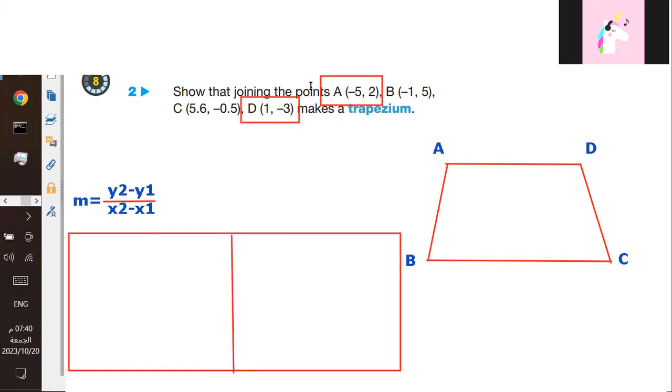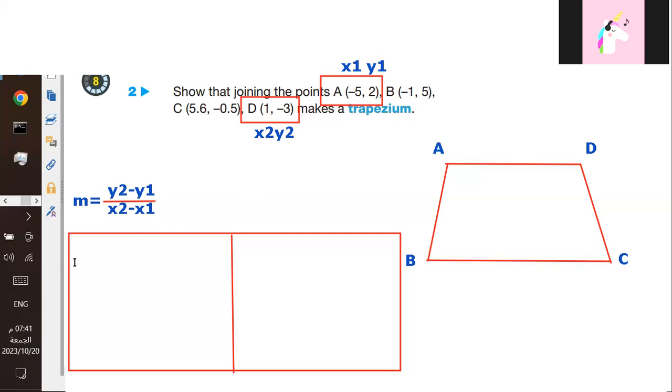Now, before I start, as we said before, this is the X and this is the Y. It means one of them will be X1 and the other one will be Y1. Okay. If one is X1 Y1, the other one is going to be X2 Y2. And then I'm going to use the formula with these, okay?